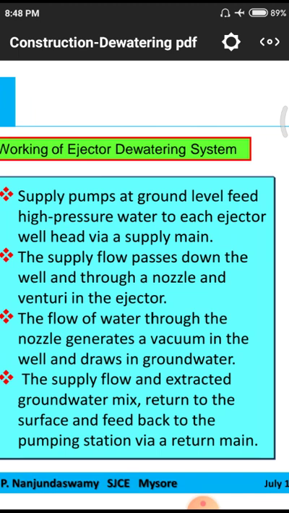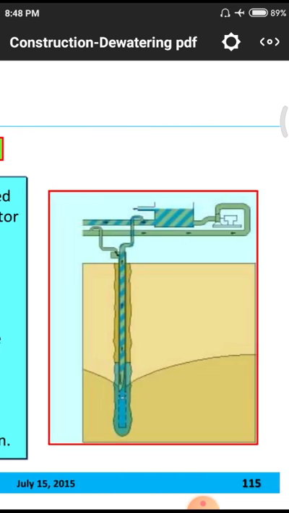Next is the supply flow and extracted groundwater mix, which return to the surface and feed back to the pumping station via the return main. Here we are having a feedback system and pumping station. That means some quantity of tank is there. That is the feedback system. After that we are having some gauge-like mechanism and a valve-like mechanism.